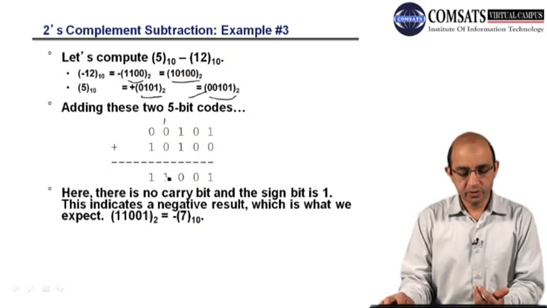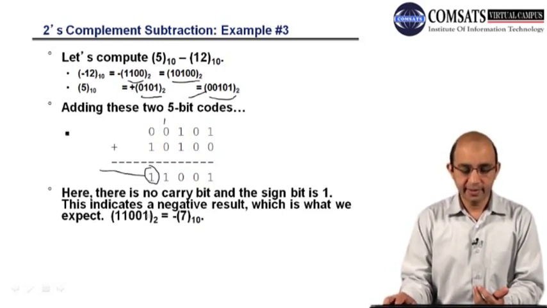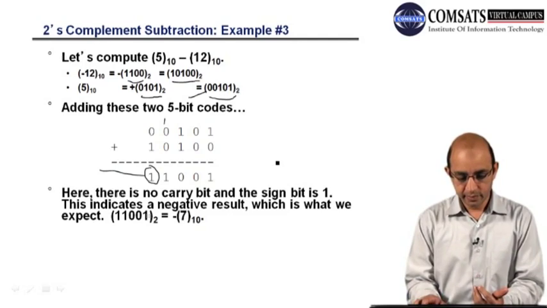So 1 plus 0, 1, and 0 plus 1, 1. So this is the sign bit, and this is 1. So this is indicating that the resultant is negative. So this is the way how we handle the subtraction, right?